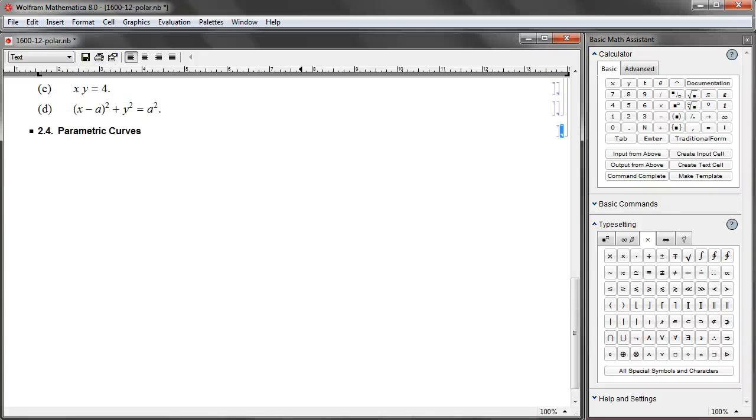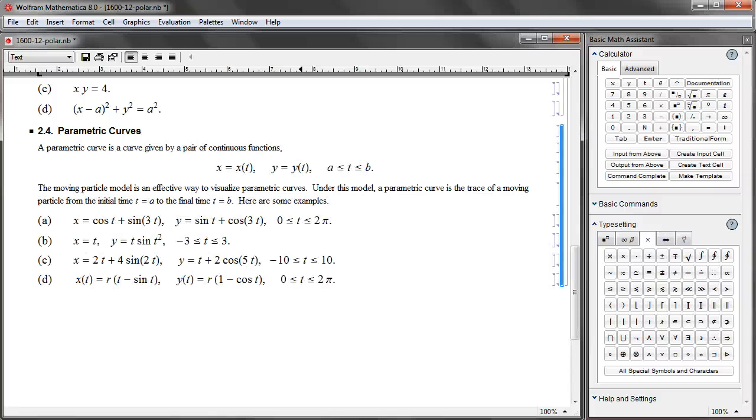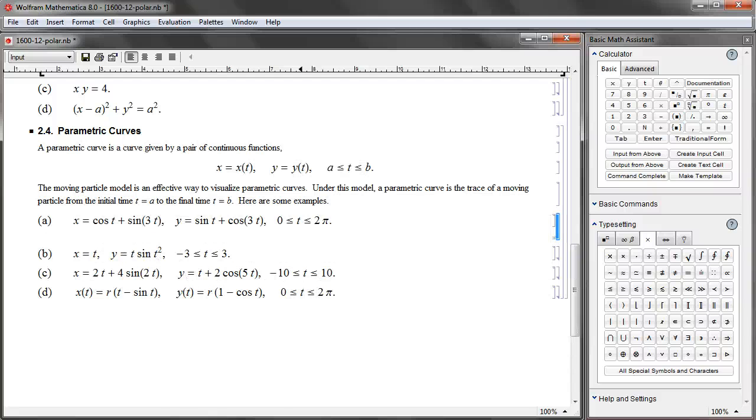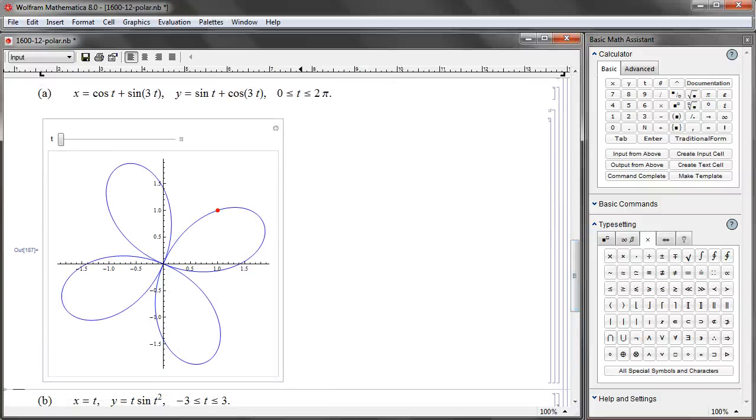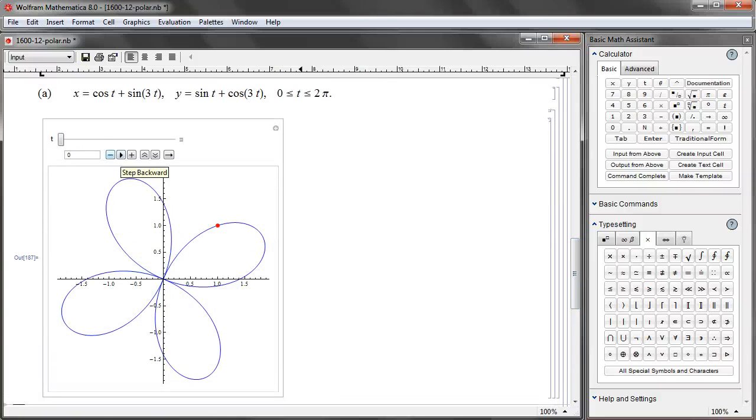And here are a couple of examples. This one has nothing to do with polar coordinate system, because x is not given by r cosine of t, y is not given by r sine of t. However, both x and y are periodic. They consist of sine and cosine. We have periodic behavior, kind of like that.